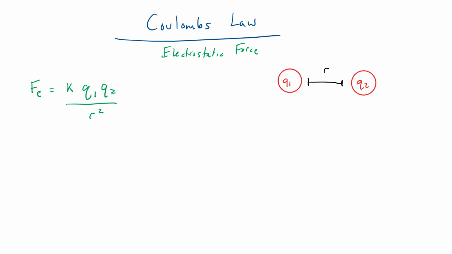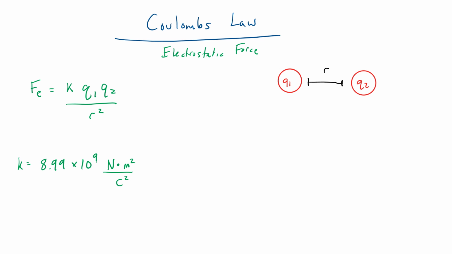Now, it's important to note here that K, our electrostatic constant, is 8.99 times 10 to the 9th power. So it's a very large number because electrostatic forces are very strong forces in comparison to something like gravity. And the units on that constant are newtons times meters squared over coulombs squared.